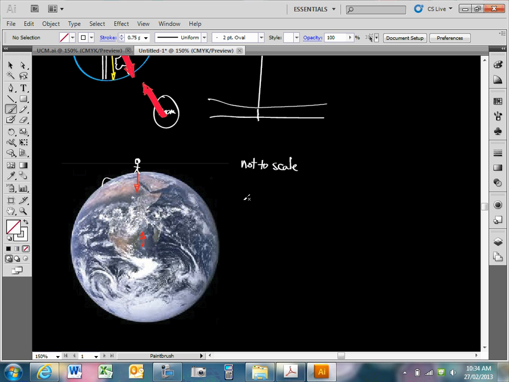Have a look at Newton's second law. Newton's second law says what? Force equals mass times acceleration, doesn't it? They are vectors, aren't they? So we might say, okay, we'll look at the mass here. We'll call it big M and me little m.